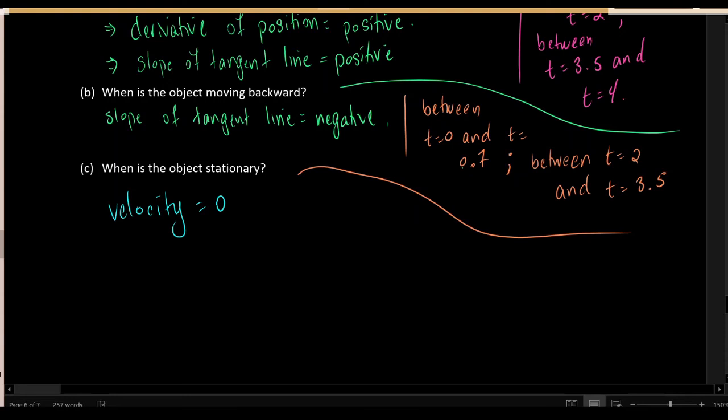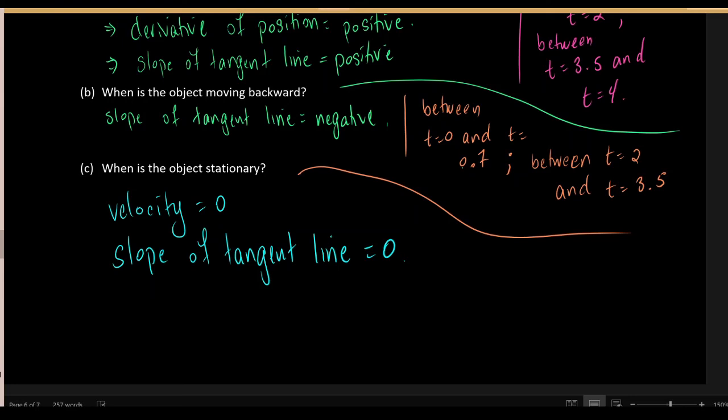So we're looking for locations where the derivative is equal to 0 exactly. We're looking therefore for locations where the slope of the tangent line is equal to 0 exactly. And as a result, we're looking for locations where the tangent line would be perfectly horizontal.